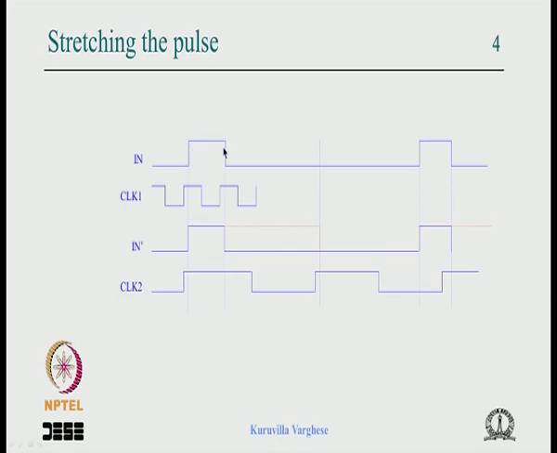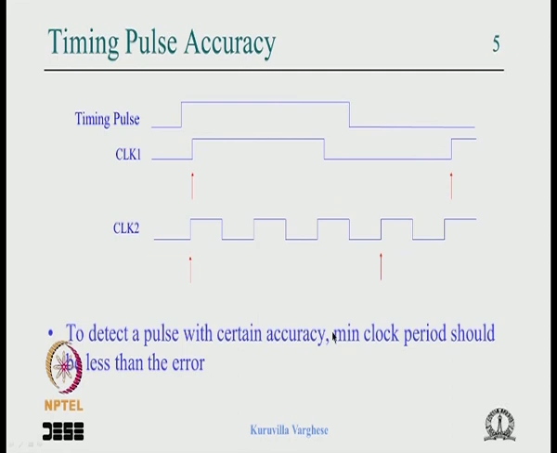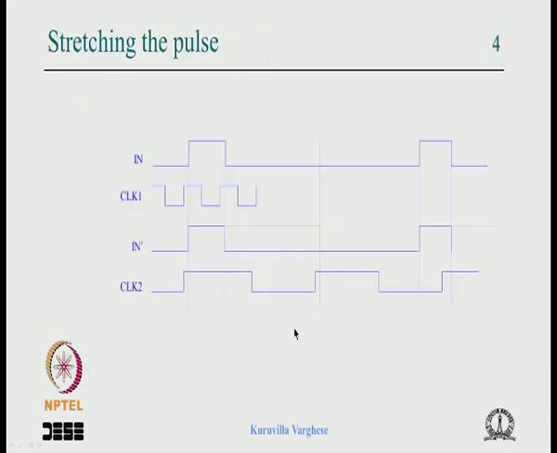Also the waveform suggests that there should be some way to stretch the waveform, and then if you stretch it here, you could definitely use a lower clock frequency for the state machine. And we have seen some practical examples of how to stretch it. But before that I said something much more important. Here the requirement is only to detect the event, detect that the input has changed state, and respond to it.